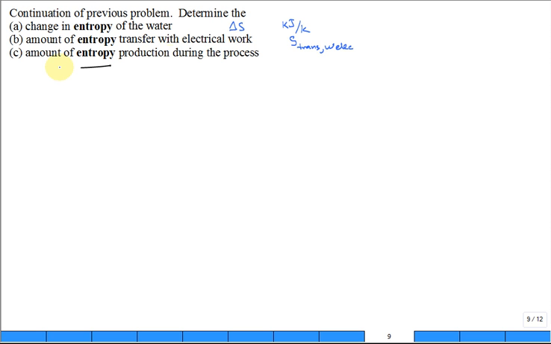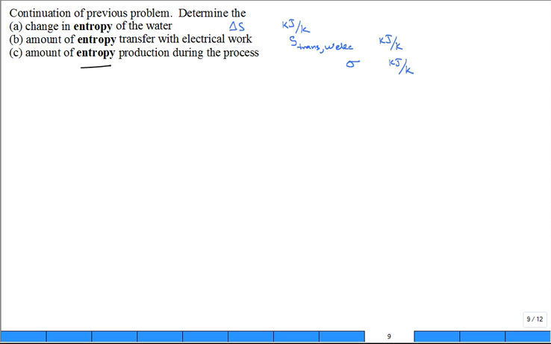An amount of entropy production during the process, sometimes S gen or sigma. This book uses sigma. Other books use S gen. That's the amount of entropy production during the process, true? Oh, I forgot. What are the units on this one? Entropy transfer, kilojoules per Kelvin. Entropy production, kilojoules per Kelvin. True or false? Do you understand all that?